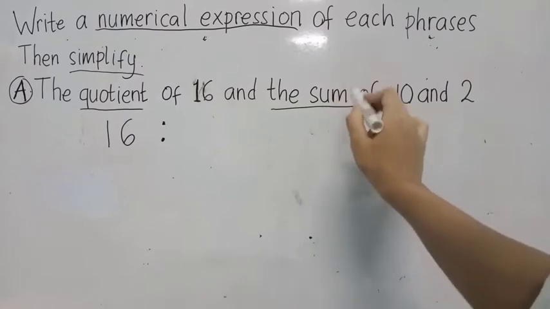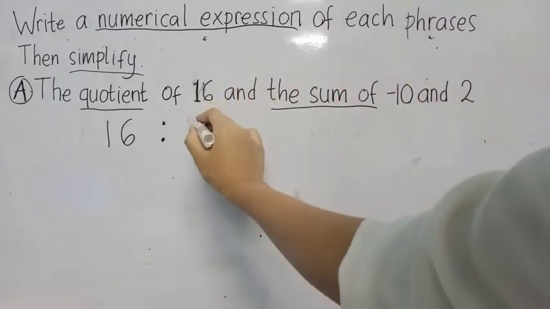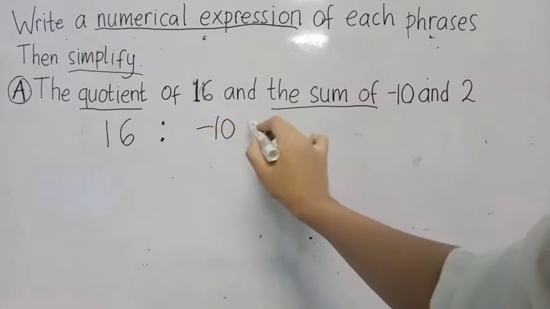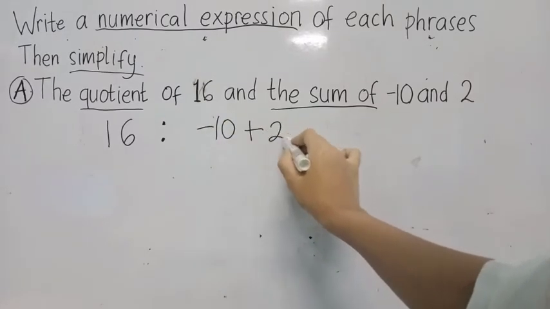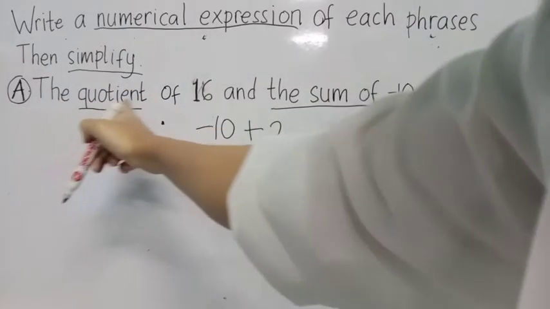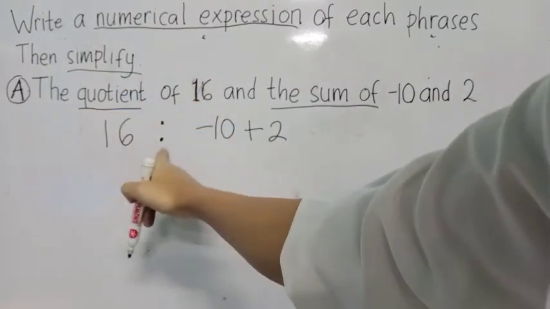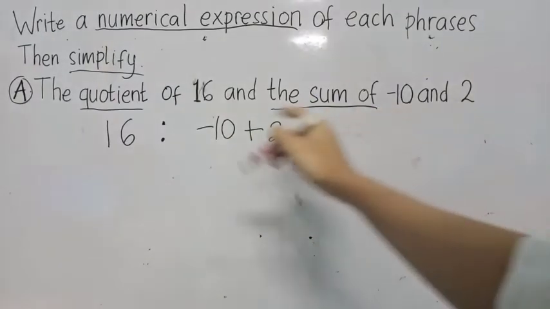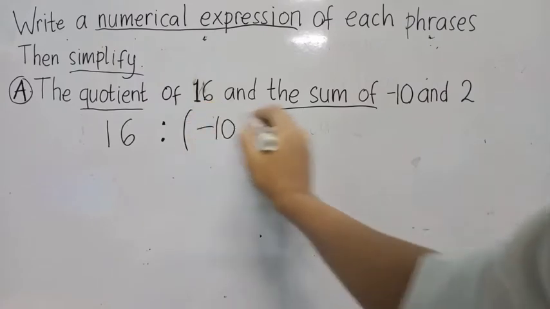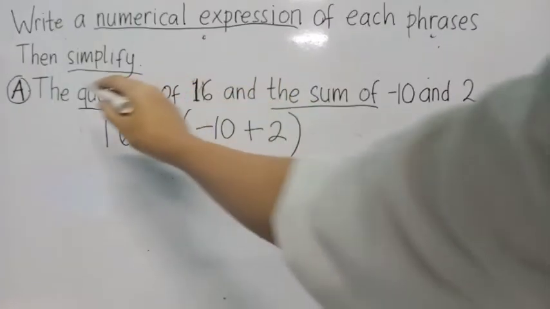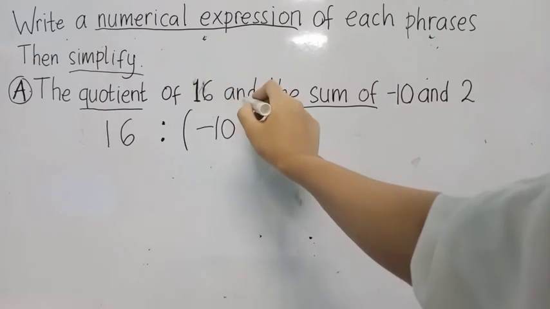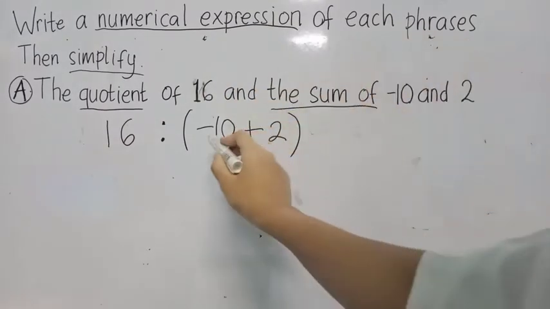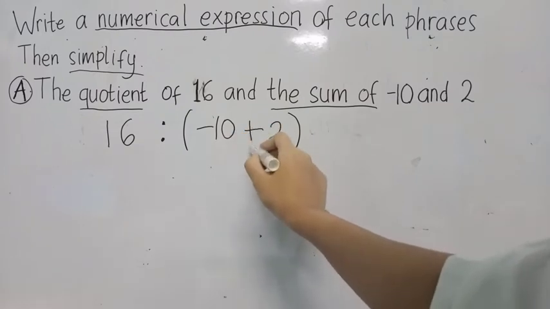The sum of means addition. So we write negative 10 add 2. We'll put brackets here because it is the quotient of 16 and the sum of negative 10 and 2. So first we add negative 10 and 2.